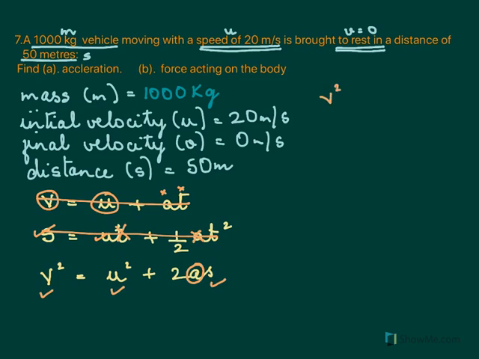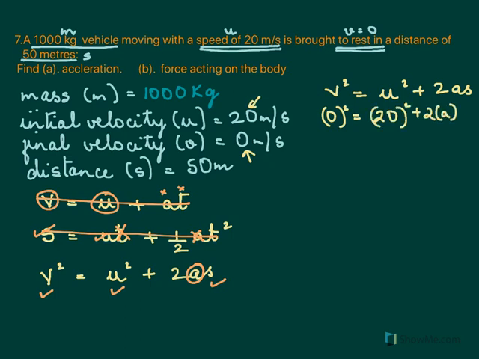So I'm going to start with this and write V square equal to U square plus 2AS. Now the V is given here as 0. So 0 square equal to U is here given as 20, 20 square plus 2, acceleration I do not know, and the distance is given here as 50.